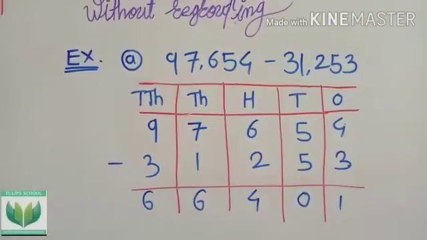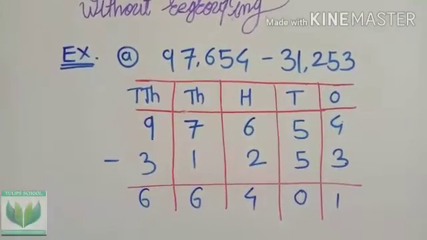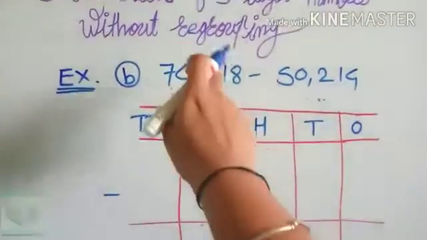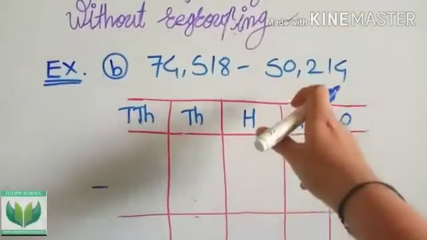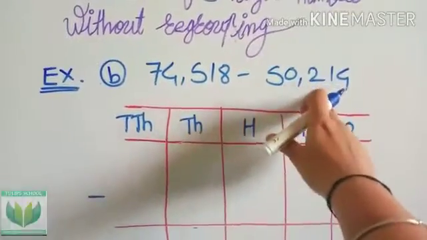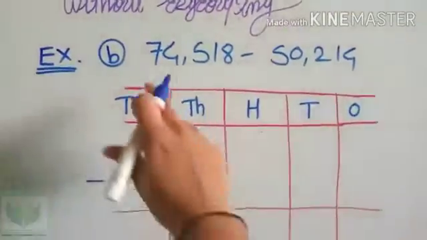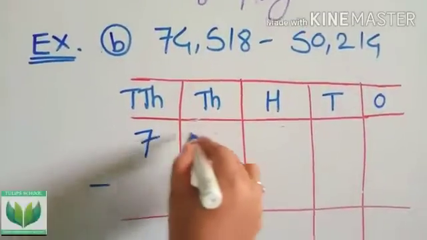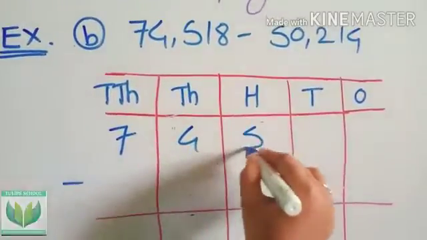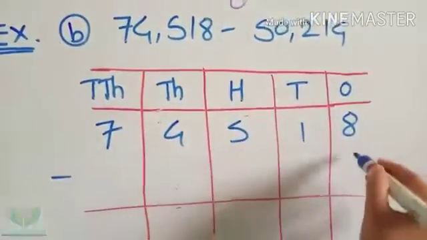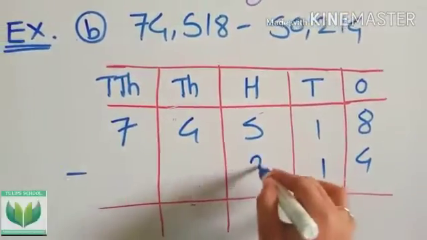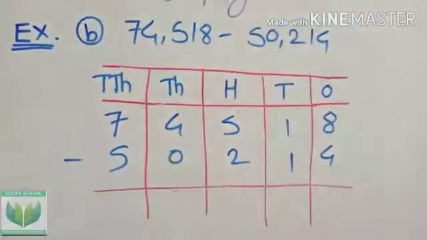Now let's see the second example: 74,518 minus 50,240. We have to subtract. First we write the first number, now the second one. Now let's find the difference.